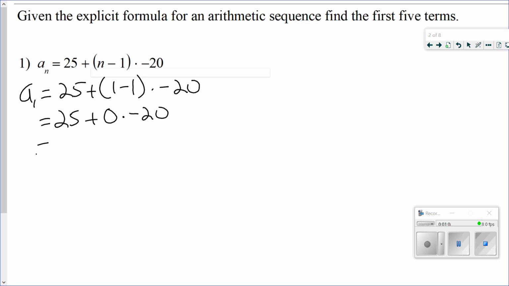And then 0 times negative 20 will be 0, so we're left with 25. So the first term is 25.